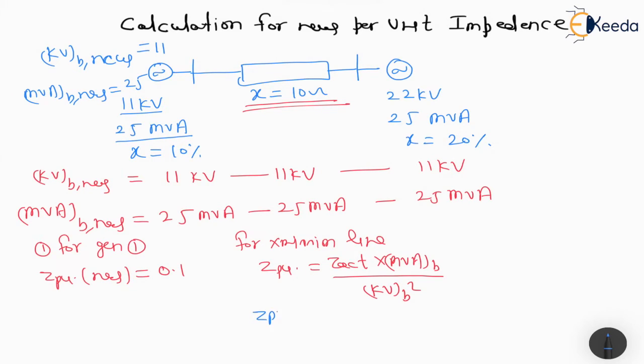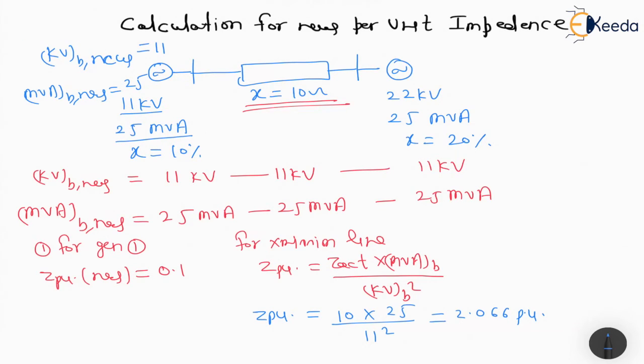So ZPU is 10 into 25 upon 11 square. This value comes out to be 2.066 per unit.